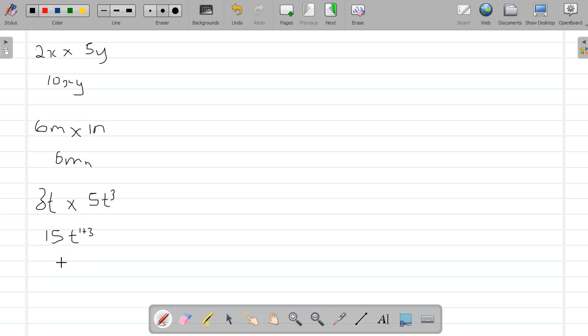So this is going to give me 15t exponent 4. Okay, so that is the simplification of this particular expression.